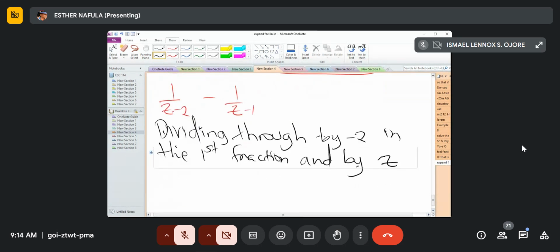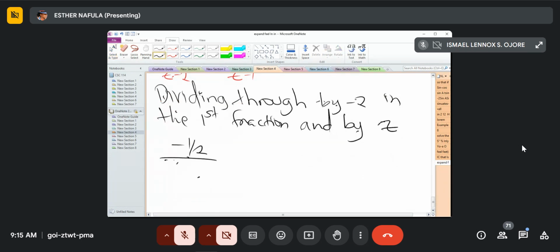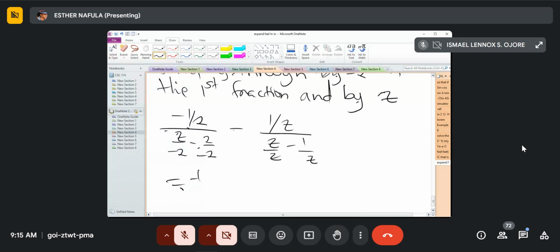If we do that, we have minus 1 over 2 over z divided by -2 minus 2 divided by -2, minus, in the second part, dividing through by z, 1 over z divided by z over z minus 1 over z. So this is going to be minus a half divided by minus z over 2 plus 1, minus 1 over z divided by 1 minus 1 over z.